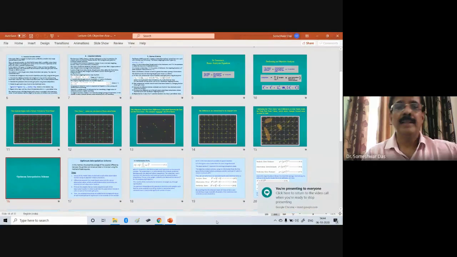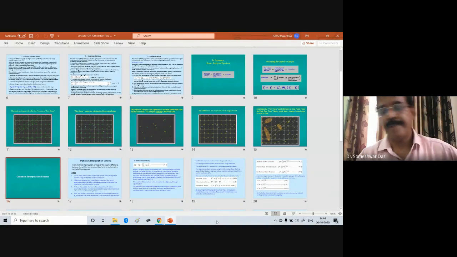Right. So, we discussed 4 or 5 types of schemes yesterday. And today we are going to continue the discussion on the last scheme, which is the optimum interpolation scheme. Among all of them, the optimum interpolation scheme is the most complex.